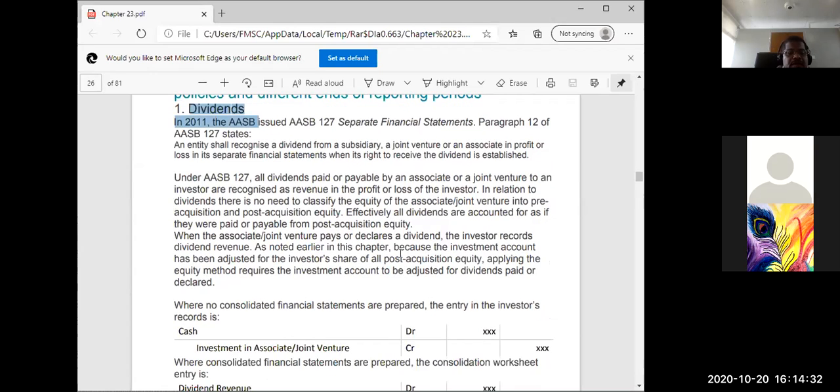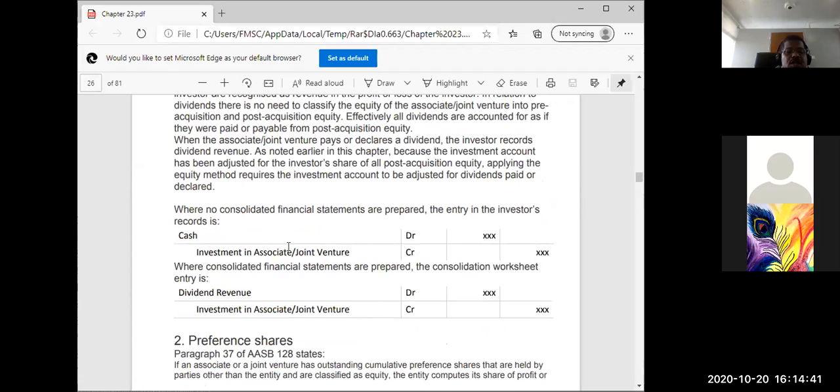When you talk about the dividend, if consolidated financial statements are not prepared, the dividend journal would be cash debit, investment in associate or joint venture credit. But when you prepare consolidated financial statements, the journal entry is not dividend cash, it has to be dividend revenue.